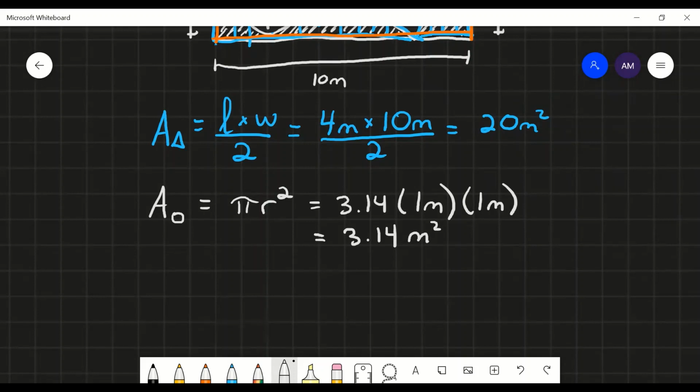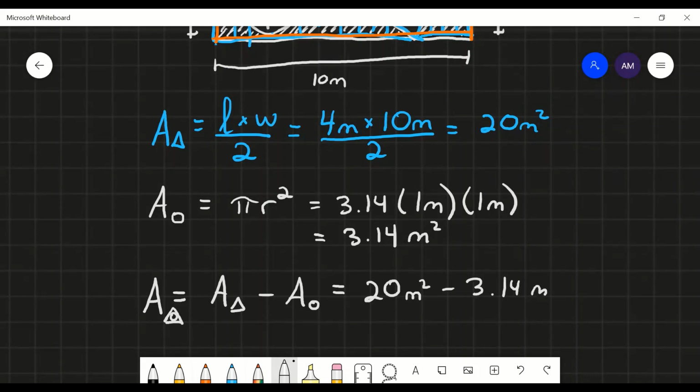So the area of, I'll call it the triangle with the hole in it, is going to be the area of the triangle minus the area of the hole, which is 20 meters squared minus 3.14 meters squared, which is, let's do some math here with a calculator. 20 minus 3.14, 16.86 meters squared.